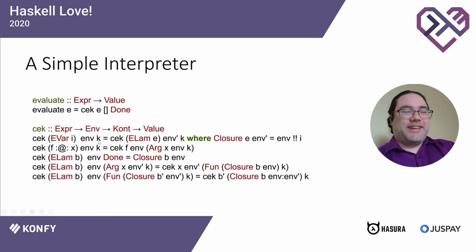E is for environment, K is for continuation, because K is always for continuation. There's not too much to say about this. This is fairly straightforward. I don't expect you to read it and immediately understand it, but if you were going to write a lambda calculus interpreter, this is relatively straightforward if you work through it. Like I said, we don't actually need that much here.